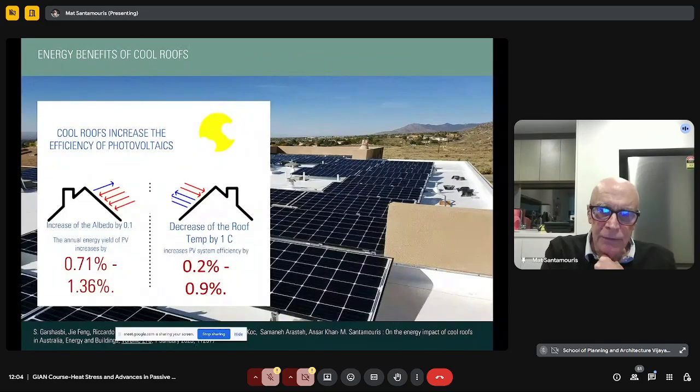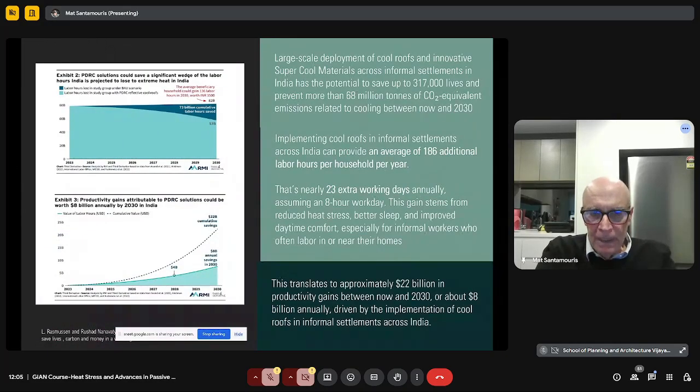We've seen that the use of cool roofs in areas where we have photovoltaics improves the performance of the monofacial photovoltaics by up to 6%, and the performance of the bifacial photovoltaics by up to 16%.